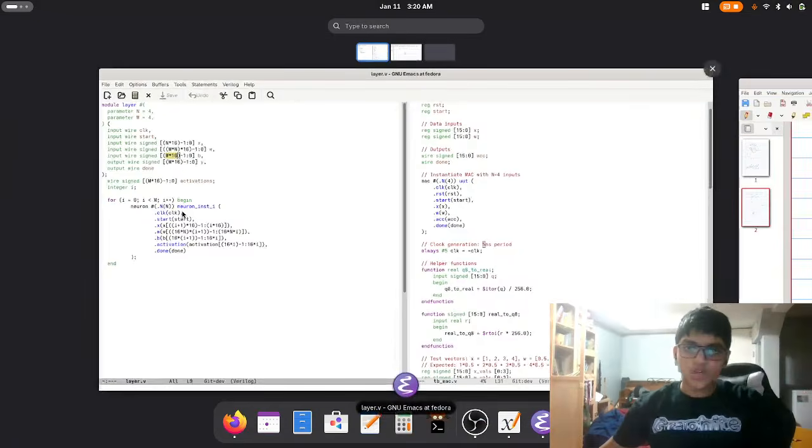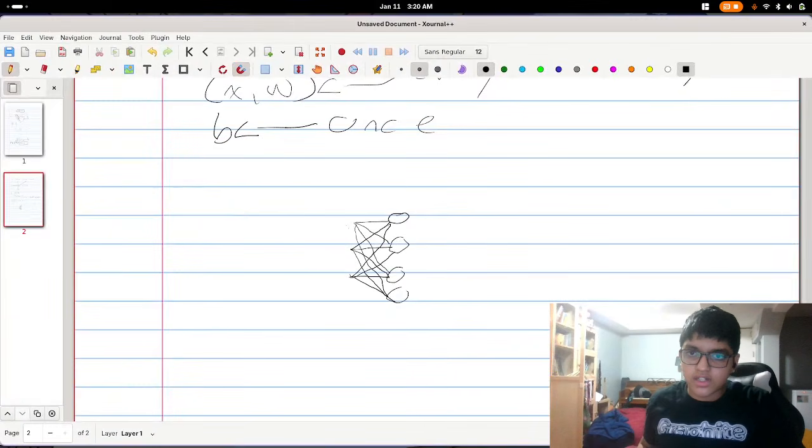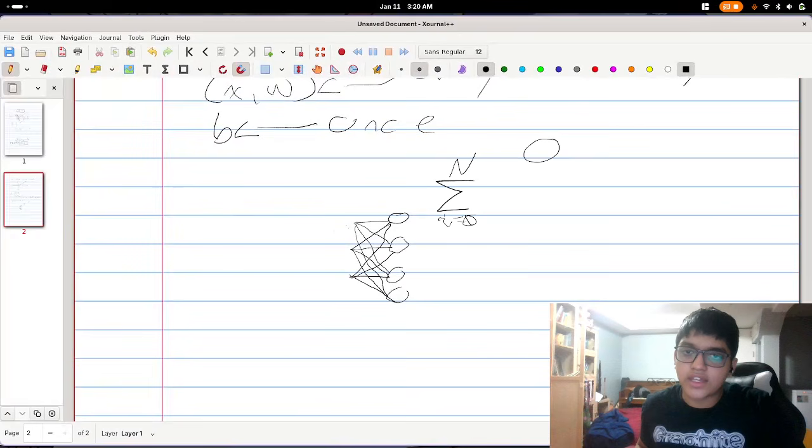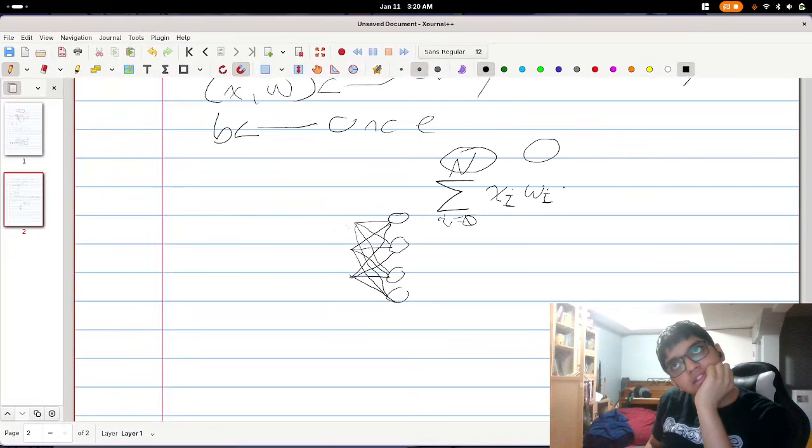The way this works is for a neuron, we take the sum from i equals 0 to n, where n is the number of inputs, of x i times weight i, and then we add b to this, I think.